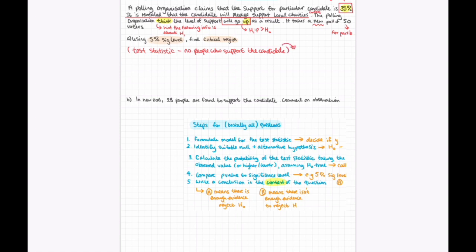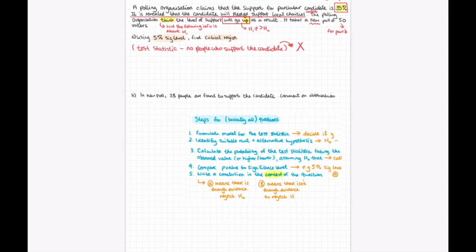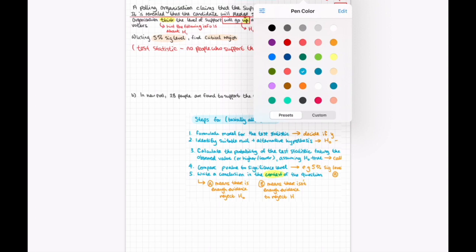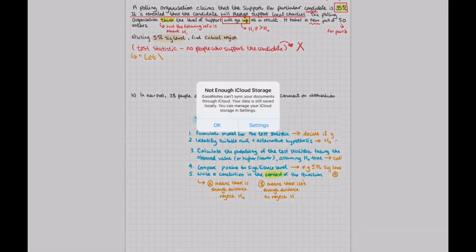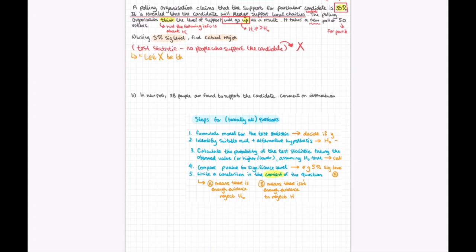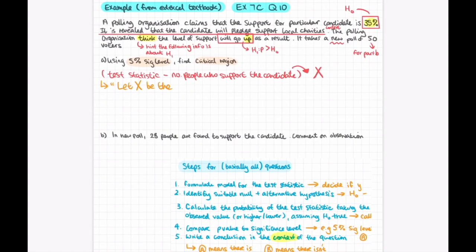So basically, this is going to be big X. So how you would write it is, let X be the number of people who support the candidate. Sometimes I write the random variable. I'm so used to it, I usually write it anyway, just in case, but I don't think you actually need it.